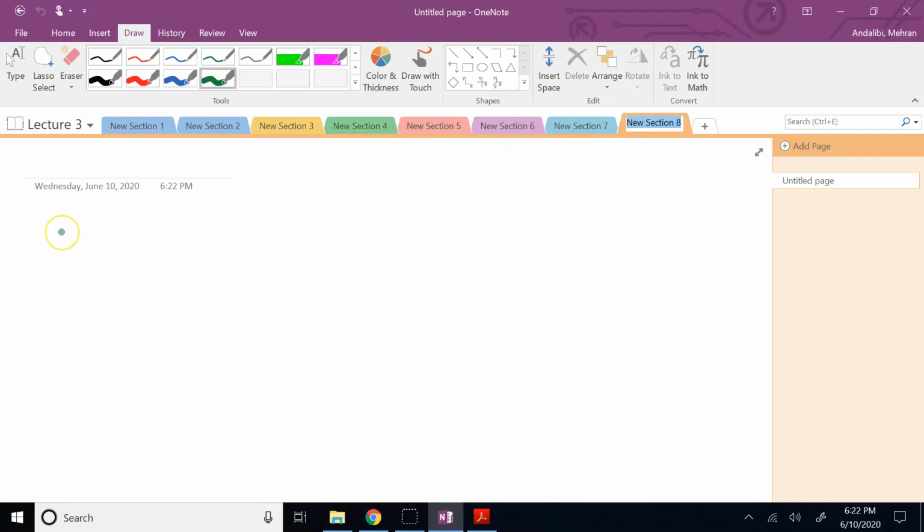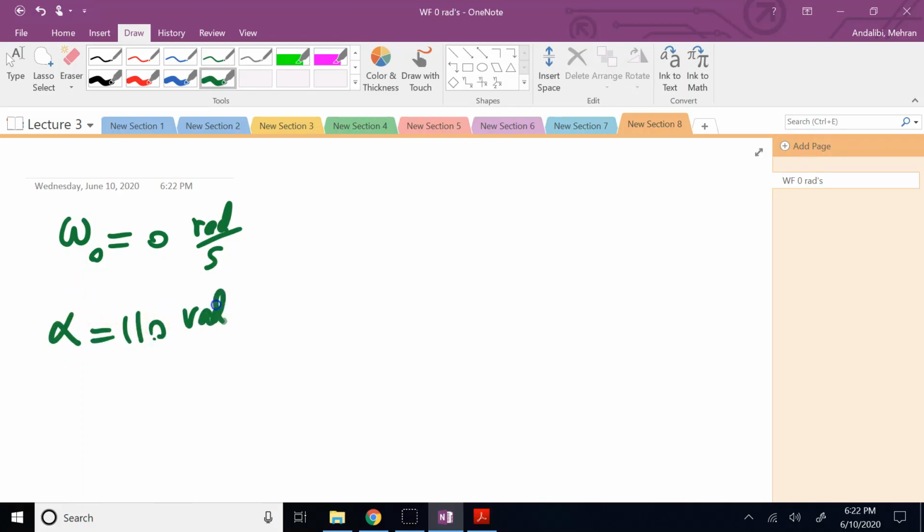initially at the beginning, when t is 0, it's stationary. So omega naught is 0 radians per second. Alpha is 110 radians per second squared, and it is constant. It's not changing.